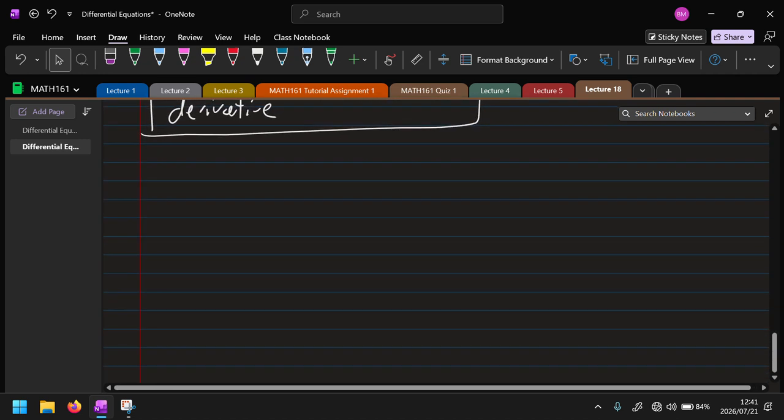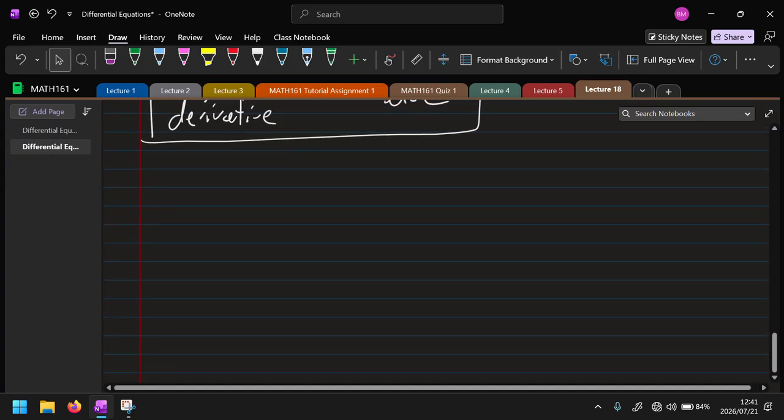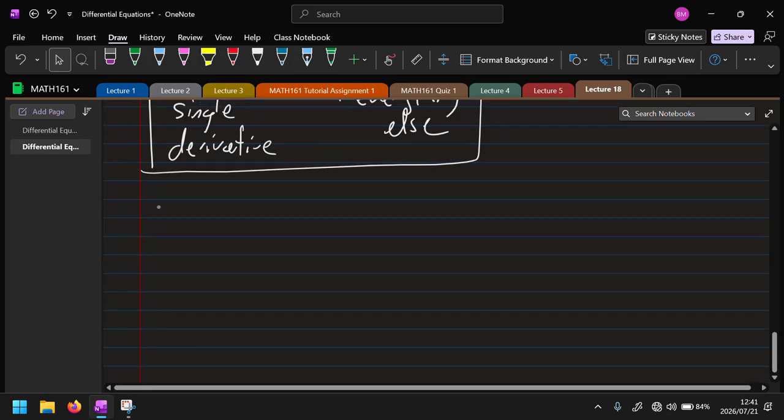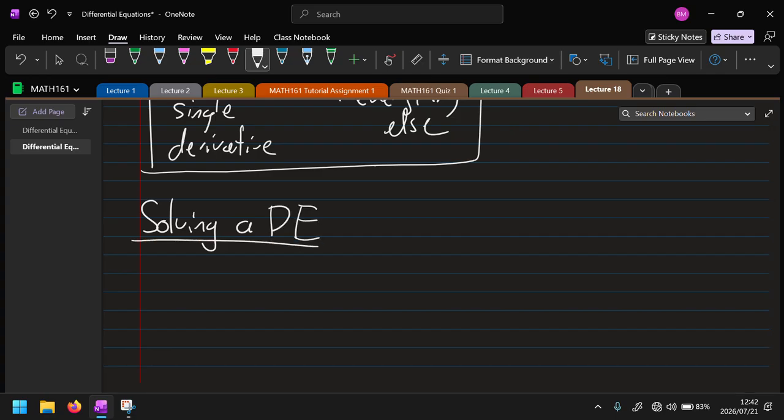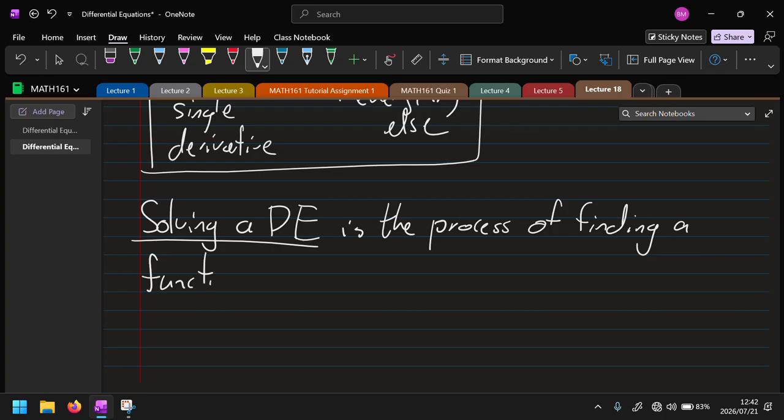Okay, a little bit more terminology, and then we'll get into the actual calculations. So solving a differential equation. What does it mean to solve a differential equation? Solving a differential equation is the process of finding a function or functions, there could be more than one, that satisfy the equation.